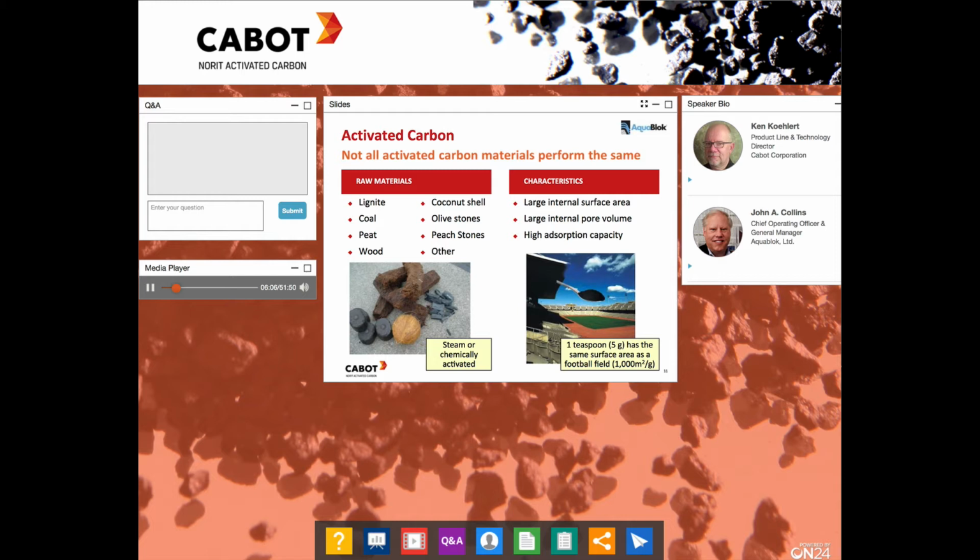Steam or chemical activation is used to create the pore structure within the carbon source. Norit makes over 360 unique activated carbon grades. We design and manufacture them to remove specific contaminants in a wide range of applications. A product that works in one application oftentimes does not work well in another.